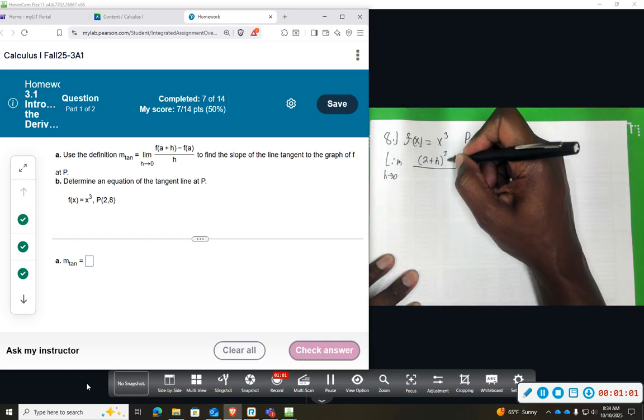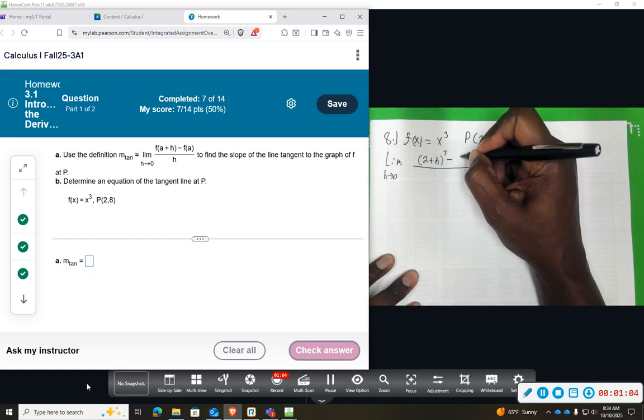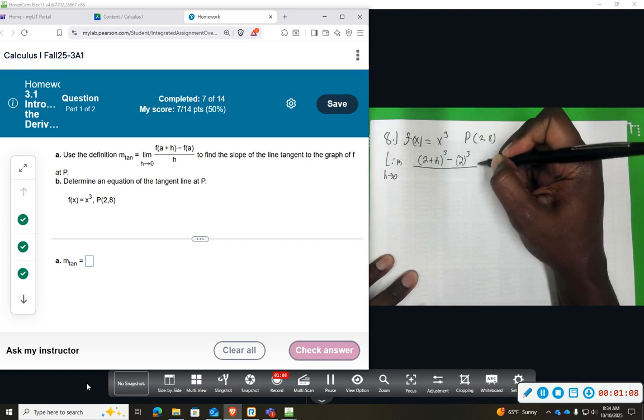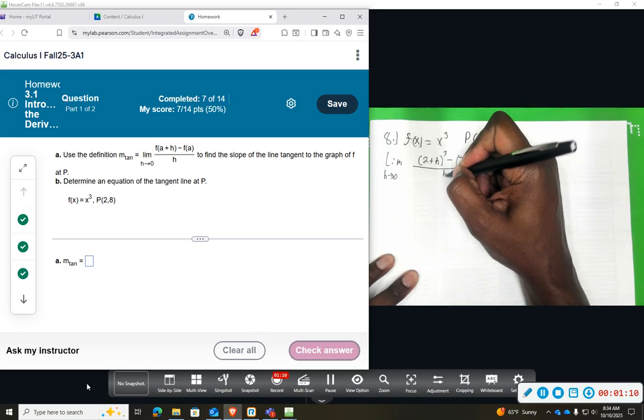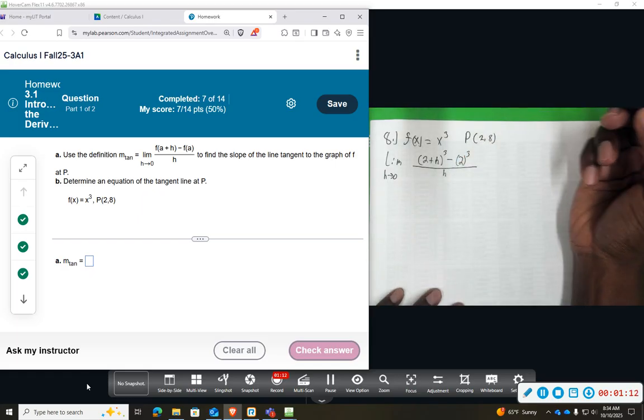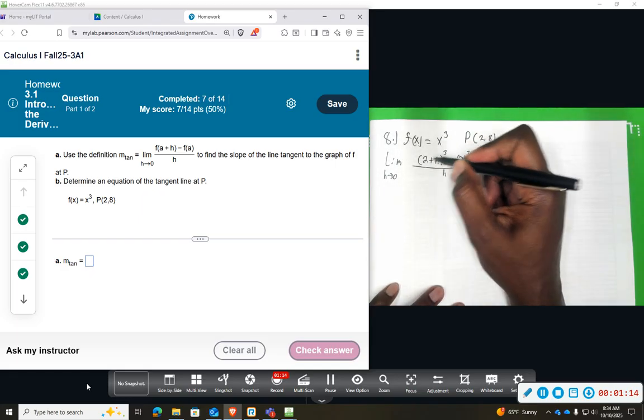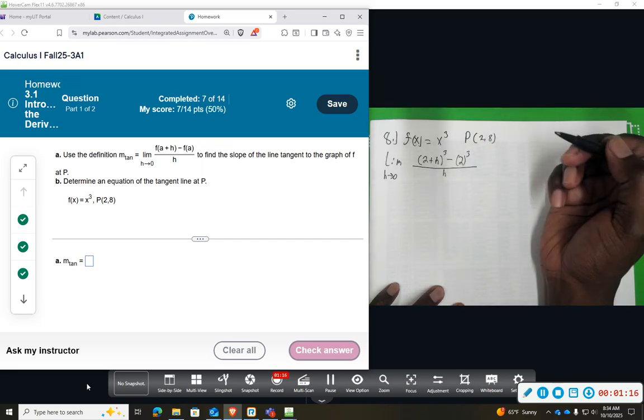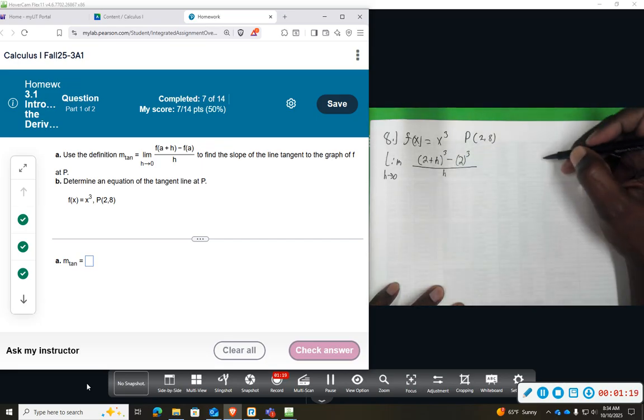And then minus f of a, so minus 2 to the third, all over h. And then we'll have to distribute this out, so I'm going to do that to the side.